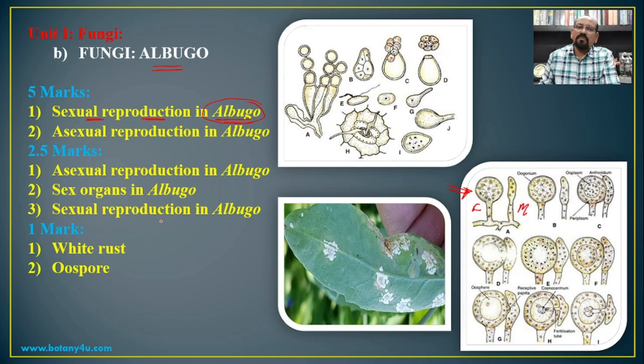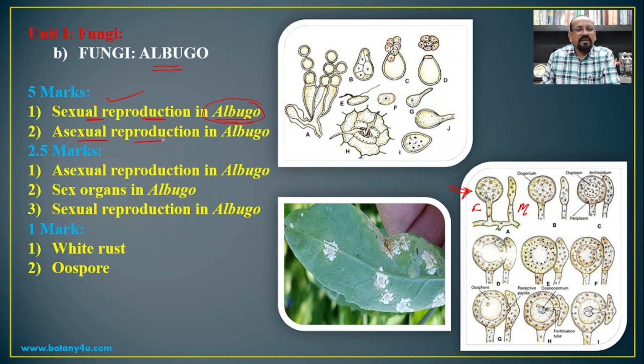Then formation of the gametes, fusion of the gametes, and then formation of the zygote. After formation of the zygote, there will be meiosis and formation of meiospores, which germinate to form the new hyphae. This is given in the sexual reproduction.